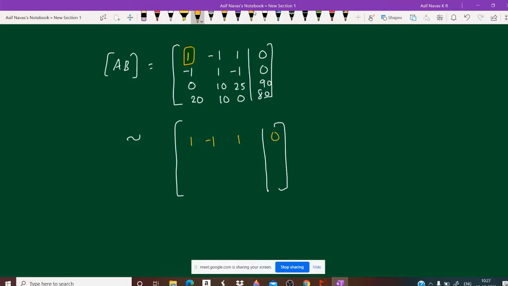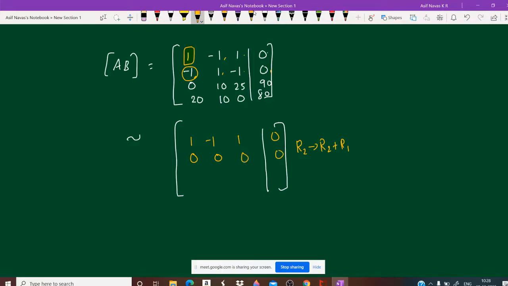Now what is the second step? We have to convert this into 0. What is the row operation? R2 becomes R2 plus R1. So what will happen here? 0, 0, 0, 0.